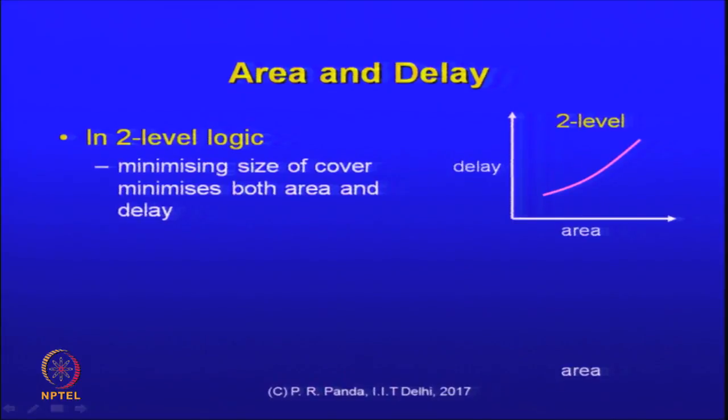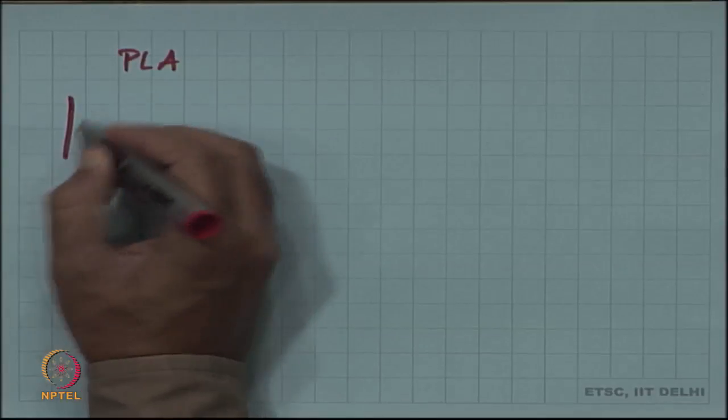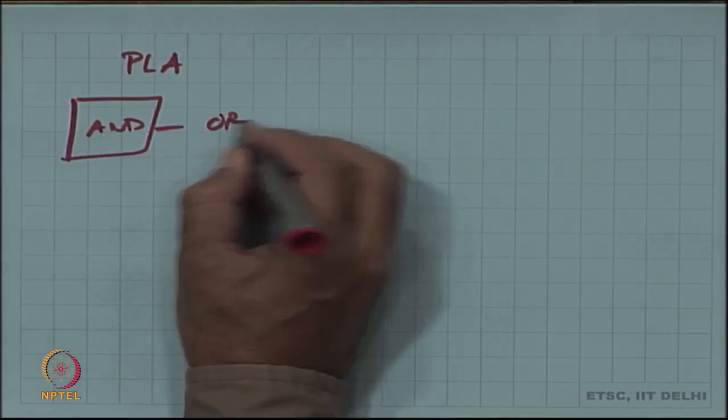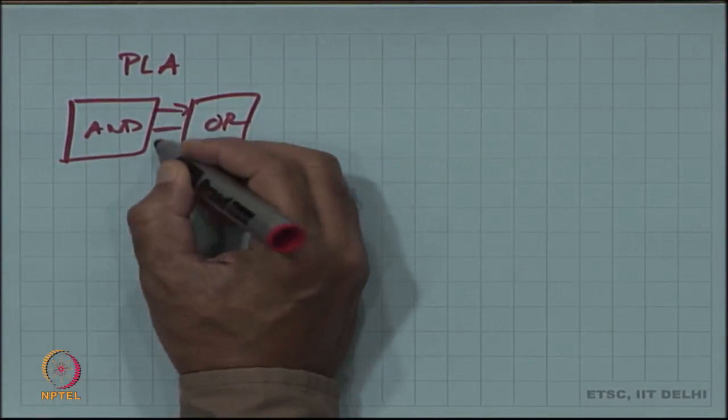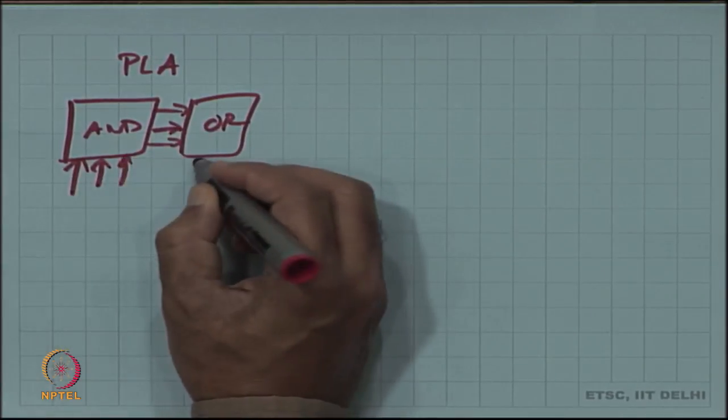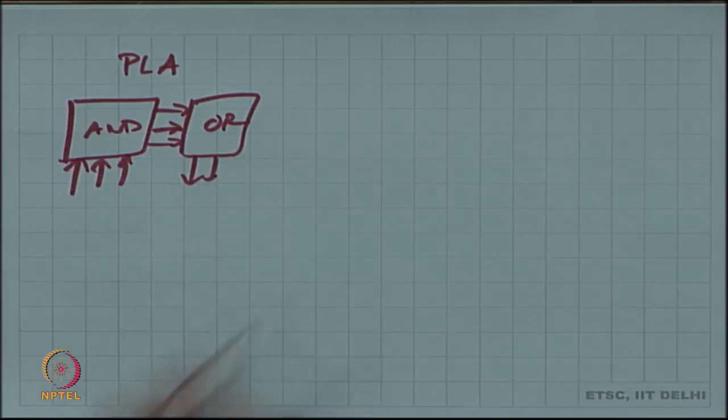Remember, this was a PLA structure with an AND plane and an OR plane. I had my inputs and I had outputs. This was the general structure.